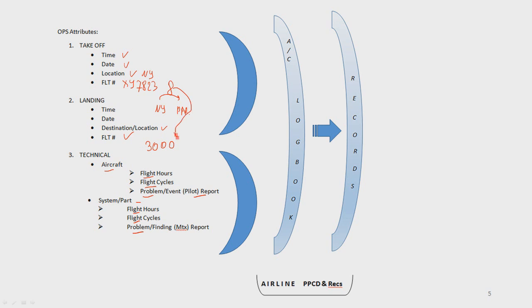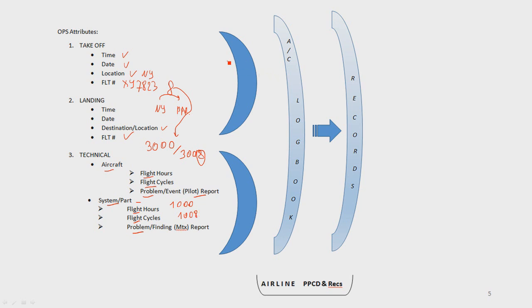So when it landed, these 8 hours go here, and we have 3,008 hours. Or take a battery, which we have to change every 1,200 flight hours. When we change it, the new battery installed has, say, 1,000 flight hours. Now we add these 8 hours and it becomes 1,008 hours.